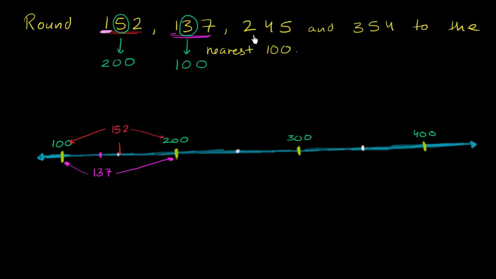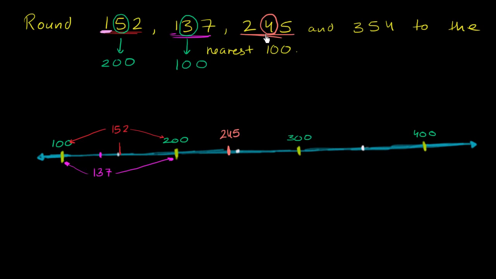Let's do the same thing with 245. If you haven't paused it and tried it yourself, once again, I want to emphasize that it'll be really valuable for you to try it on your own. So let's plot where 245 is. This is 250, so 245 might be right around here. Let's apply that rule. If we're trying to round to the nearest 100, we look one place to the right, at the tens place. We can ignore the ones place. If the tens place is greater than or equal to 5, we round up.